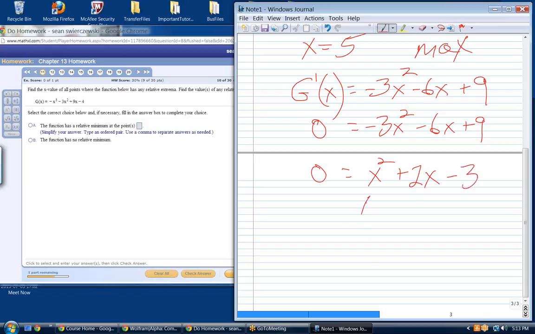And now that factors to what? x plus 3, x minus 1. So that tells us where our zeros are.